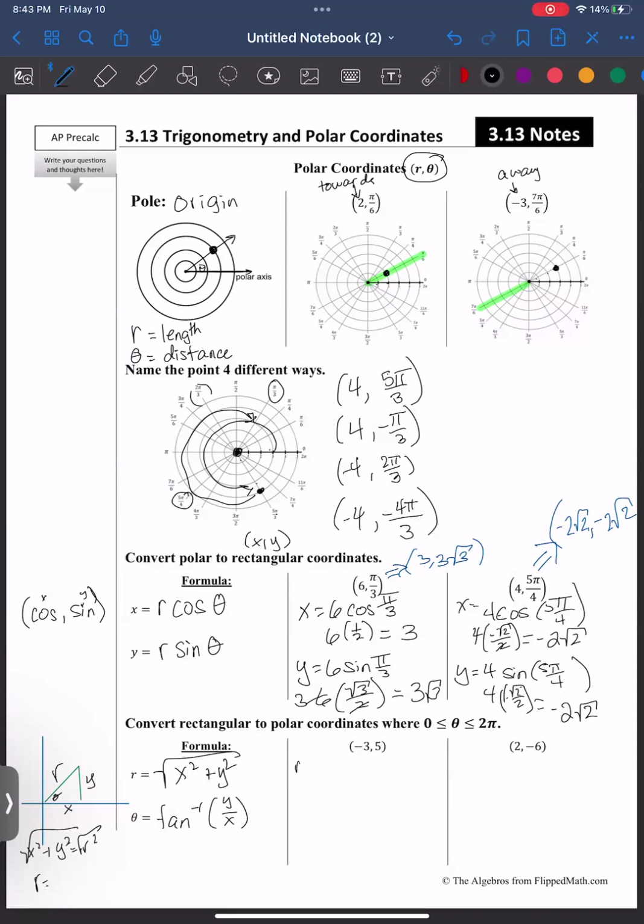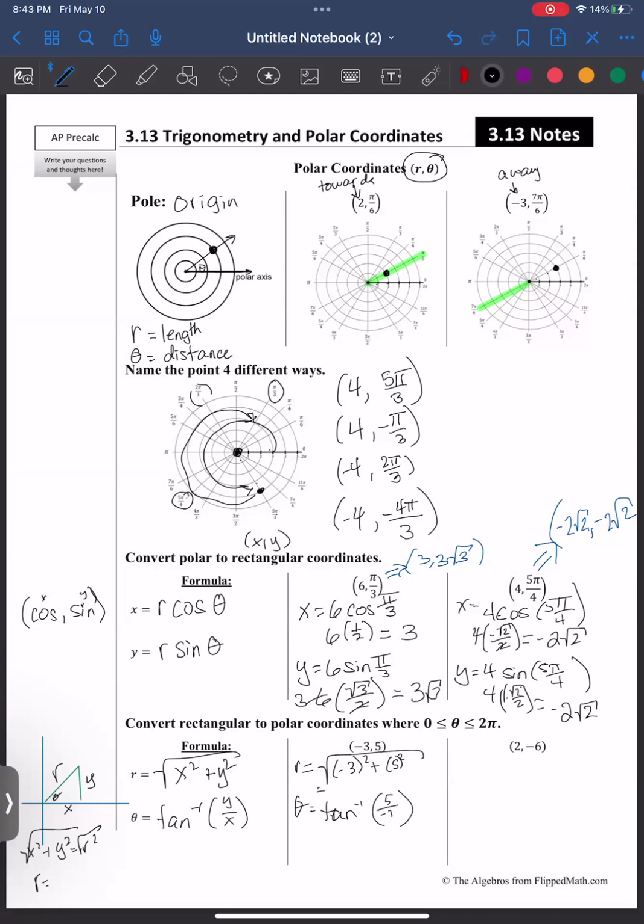Here we have r is equal to the square root of negative 3 squared plus 5 squared. And then theta is going to equal the inverse tangent of 5 over negative 3.